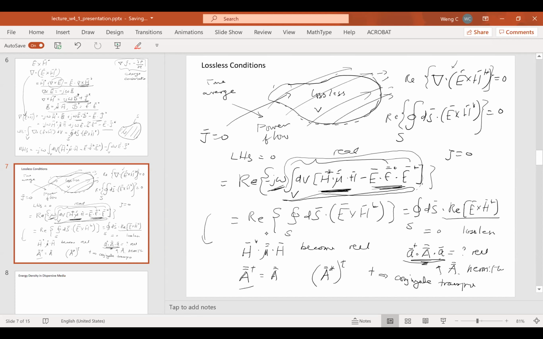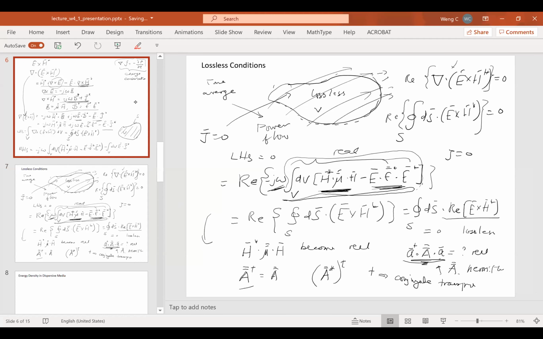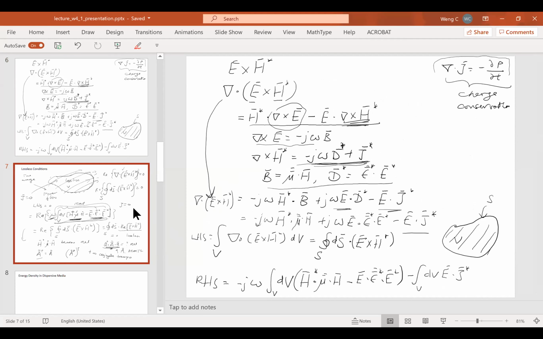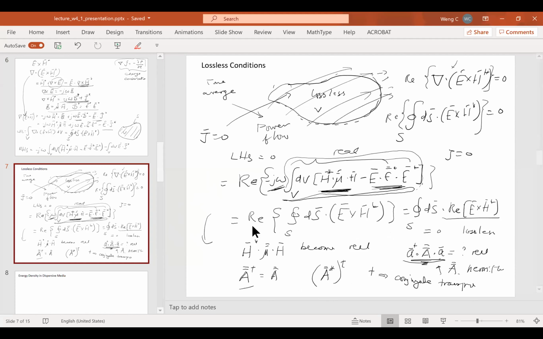So the chain of thinking is that you take the complex Poynting theorem, which is what we have written down previously, and then you integrate the left-hand side and the right-hand side. If you take the real part and integrate, that should integrate out to zero because of energy conservation, if the medium is truly lossless.